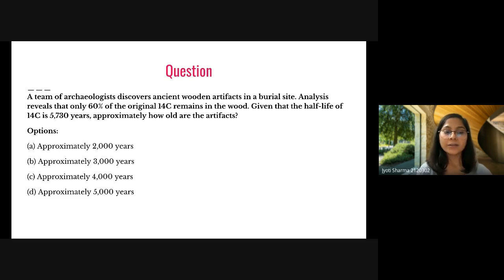Analysis reveals that only 60% of the original 14C remains in the wood. So initially it was 100% carbon-14, but because it is radioactive in nature, only 60% has remained here. The half life of 14C is given, that is 5730 years, and you need to calculate how old the artifact is. Very much similar question.